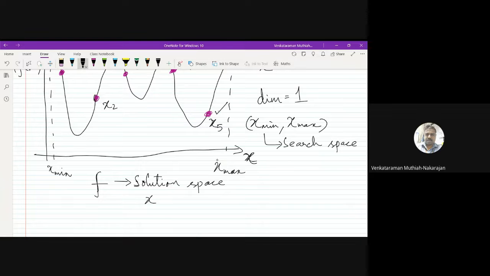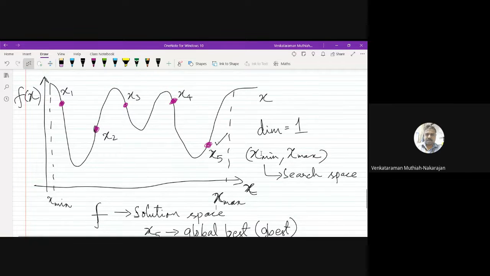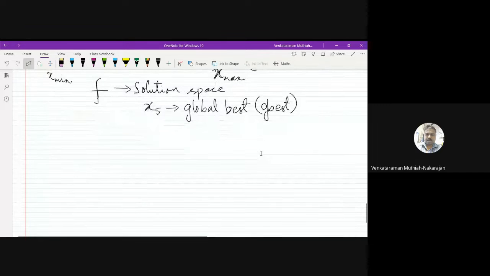X5 is our global best, or simply G best. And we allow the particles to move about between X min and X max. The rule that we assign in particle swarm optimization algorithms is that we find something known as velocity.